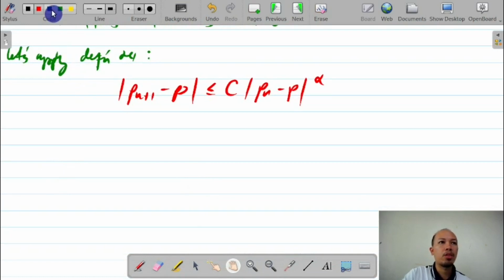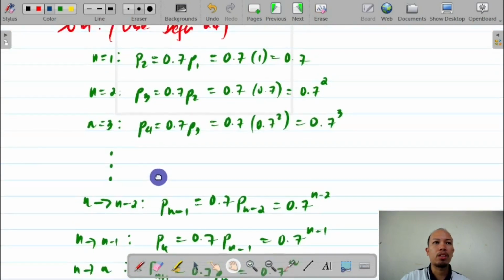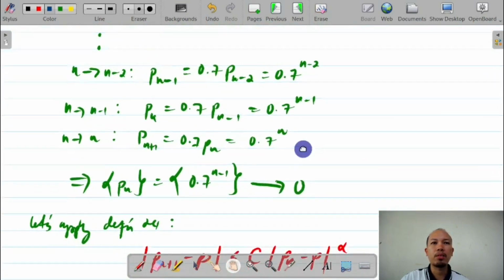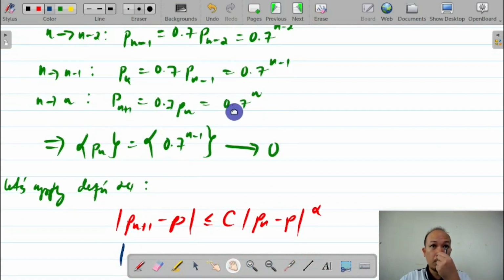So let's substitute. Let's recall that p sub n plus 1 is 0.7 to the n, while p sub n is 0.7 to the n minus 1.